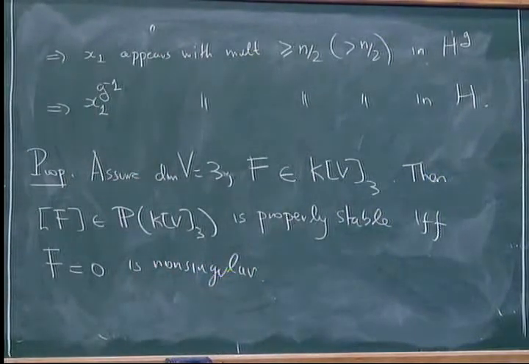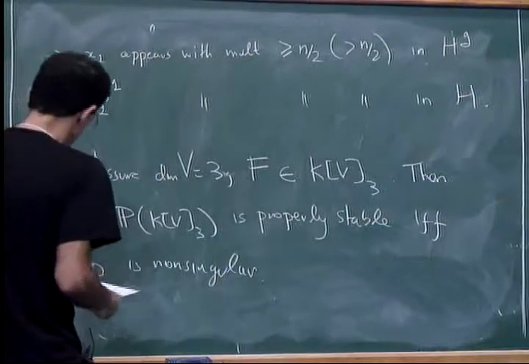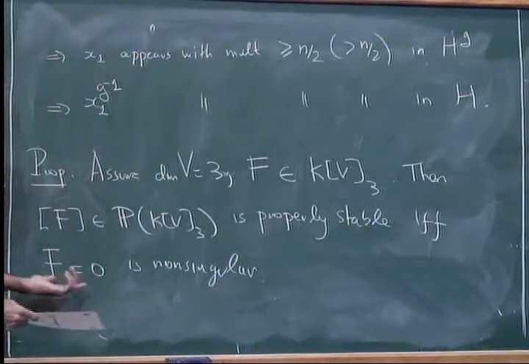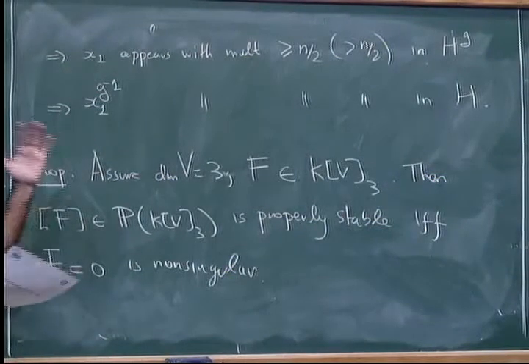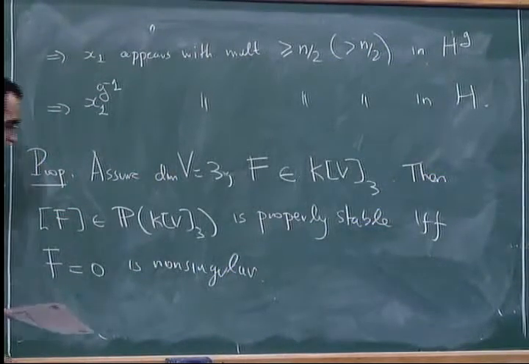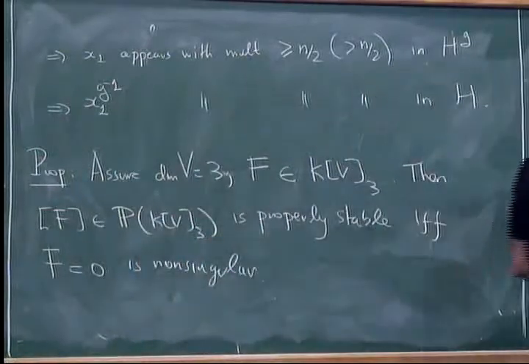Okay. You can also check semi-stability. In fact, the cubic is going to be semi-stable if and only if the curve has no triple points and no double points with common tangent. Okay. So that's what you get. But let's do just this case.